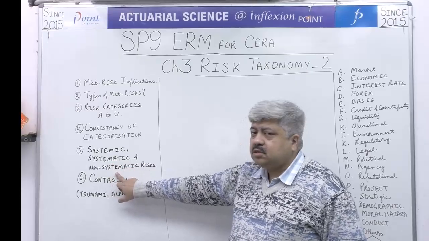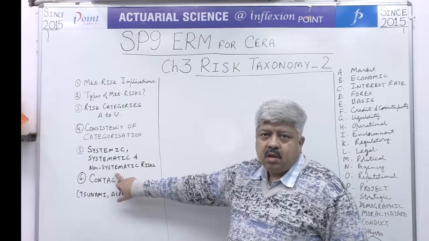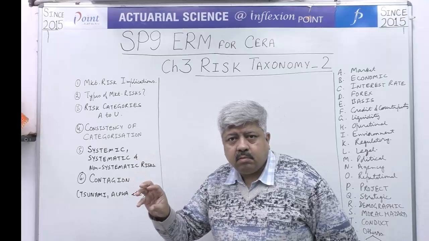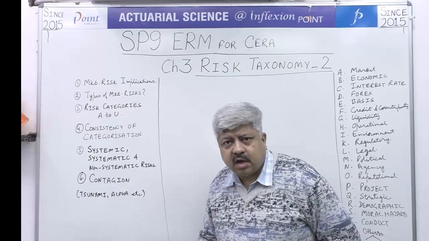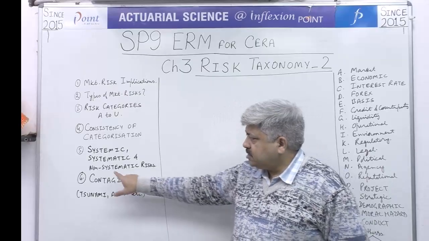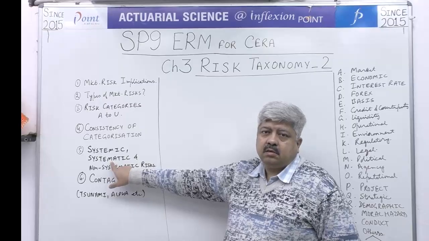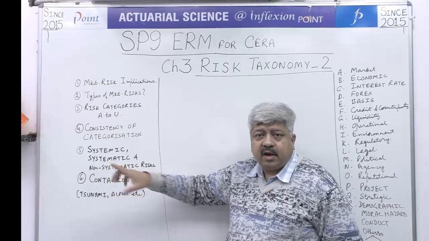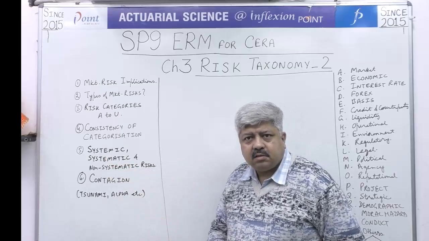And non-systematic risk is also known as diversifiable risk. So it is not simply a change in name. It is also a change in viewpoint, a change in categorization criteria. When I say it is non-diversifiable, what does it mean? My criteria has changed to solution, not the nature.